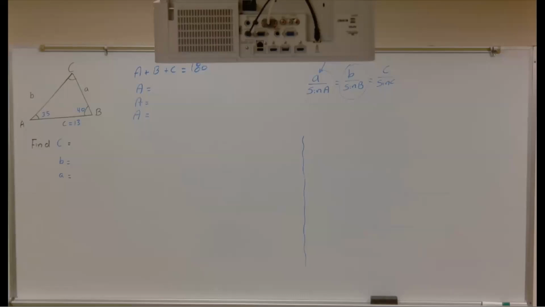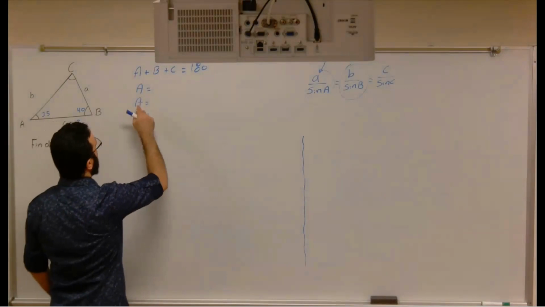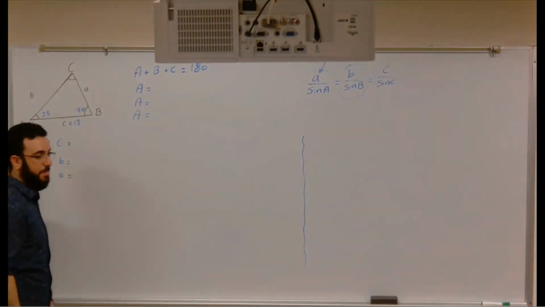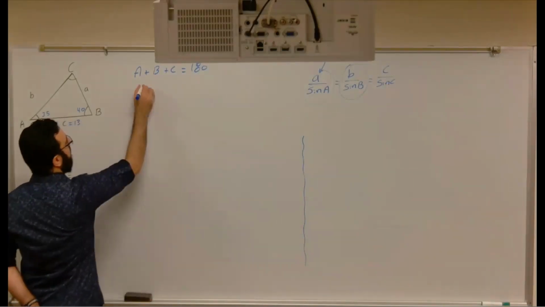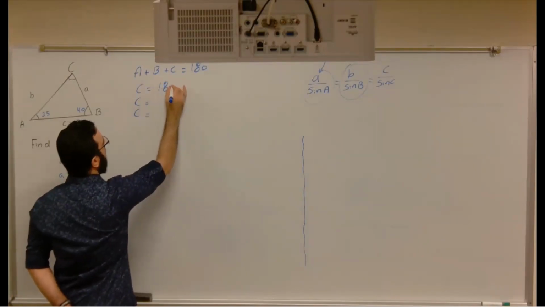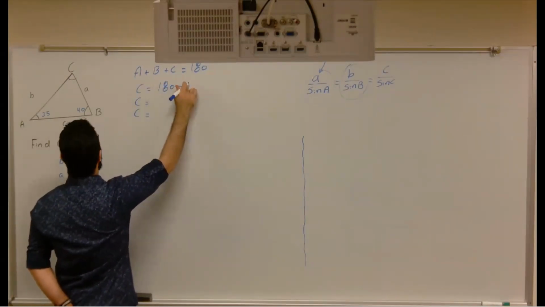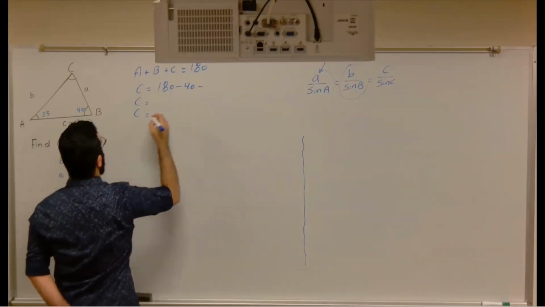So again, I have this triangle, I have the side C, and I have angle A 35 and angle B is 40. So the first thing I'm going to find the angle C. That means C is going to be equal 180 minus B is 40 minus 35.